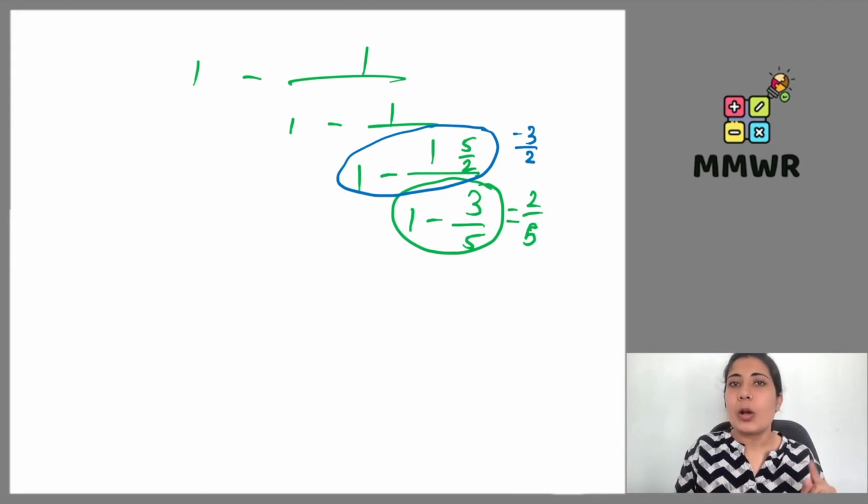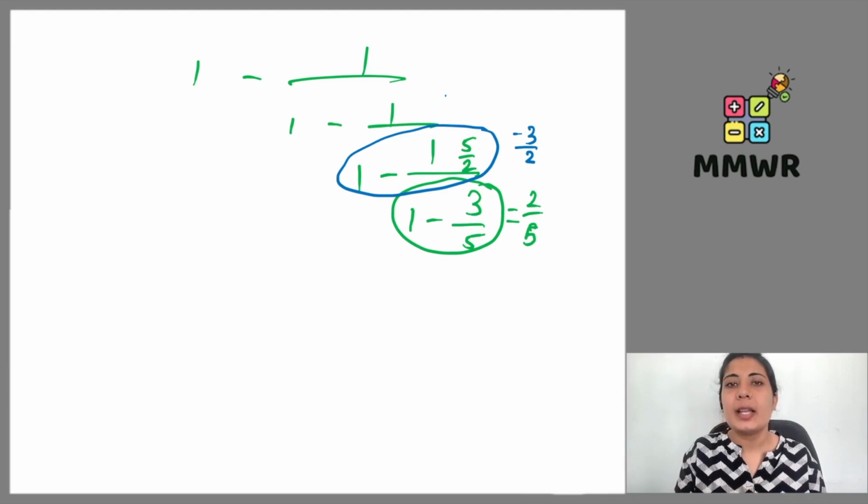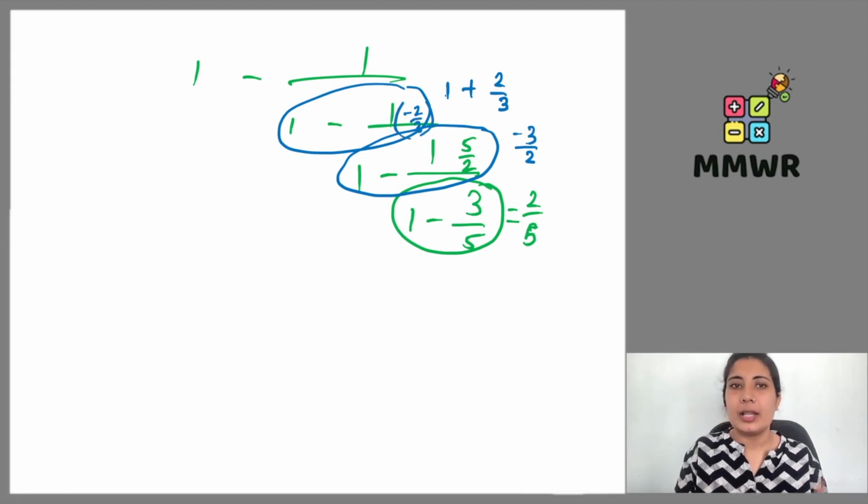So this becomes 1 minus sign 2 times, that means 1 plus 2 upon 3. This is minus 2 upon 3 we have. 1 minus 2 upon 3 will become 1 plus 2 upon 3, which is 5 upon 3.